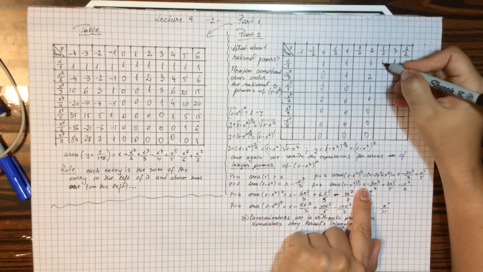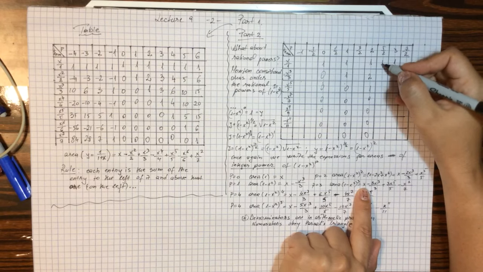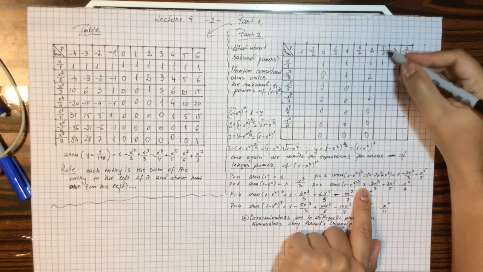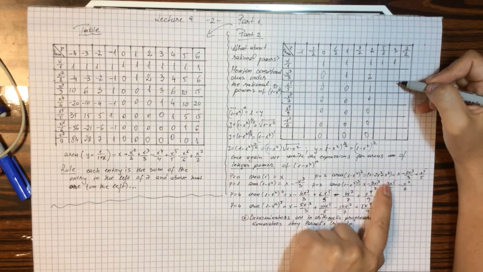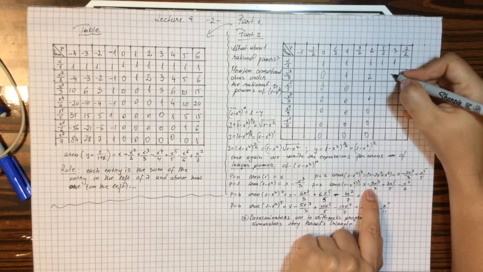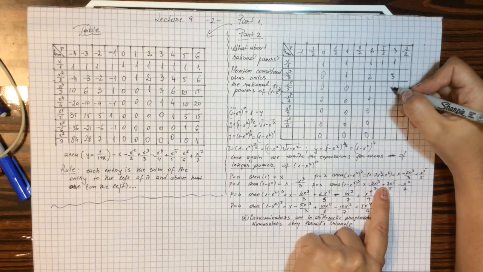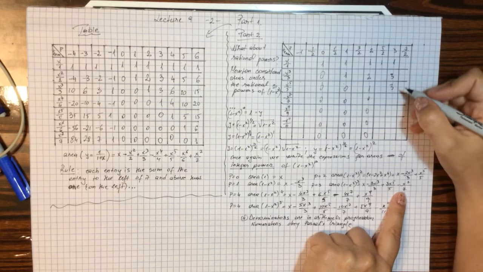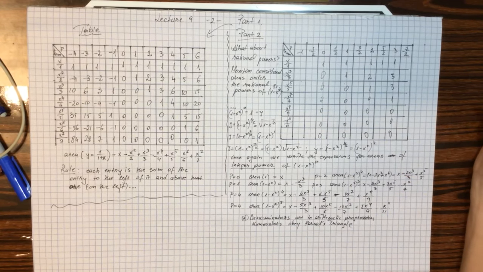The last term will also be 1, but let's ignore it for the moment because I'm doing the integer powers. So coefficient of x in the third power is 1. Coefficient of minus x to the 3 over 3 here is 3. Coefficient of x to the 5 over 5 is also 3. And coefficient of minus x to the 7 over 7 is 1. And there are no other terms. So I have this so far.